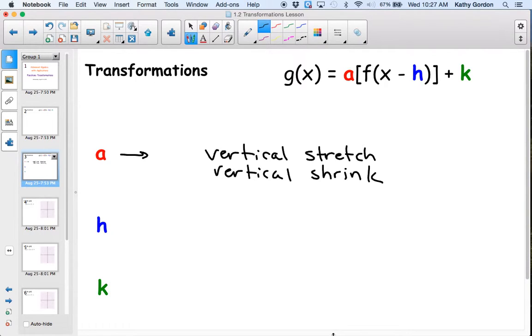Absolute value. Bingo. If I say the absolute value of A has to be bigger than 1, then when I put the -3 in here and take the absolute value of it, I'll be bigger than 1, and I can say that I'm doing a vertical stretch.